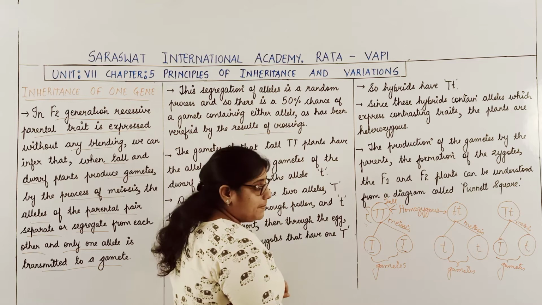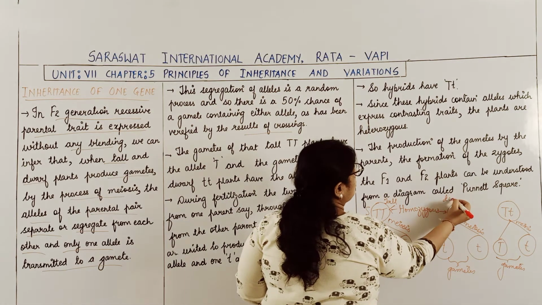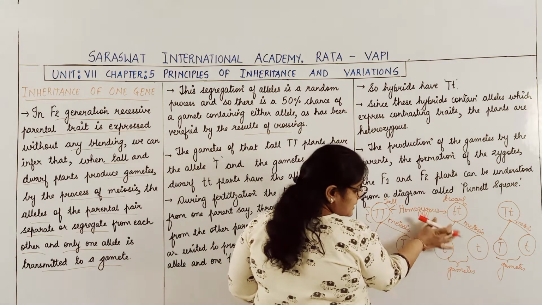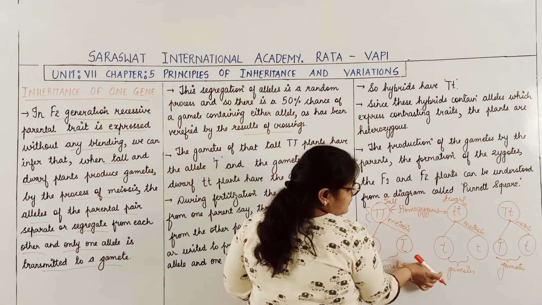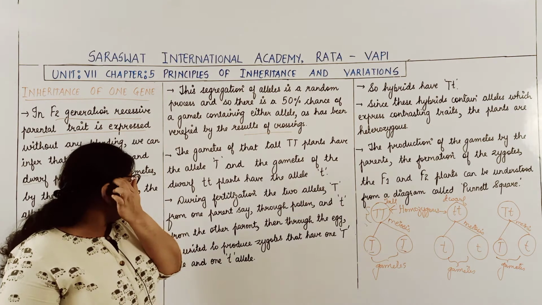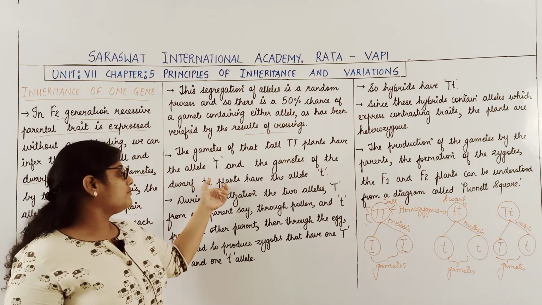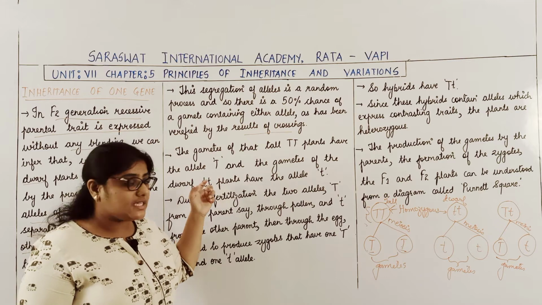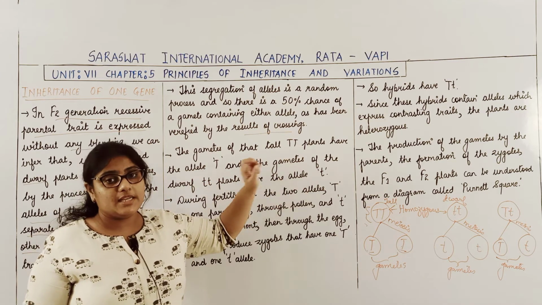Capital T, capital T. And the gametes of the dwarf plants, they contain which gene? Small t genes or small t alleles. So the gametes of the dwarf plants, that is small t plants, have the allele small t.